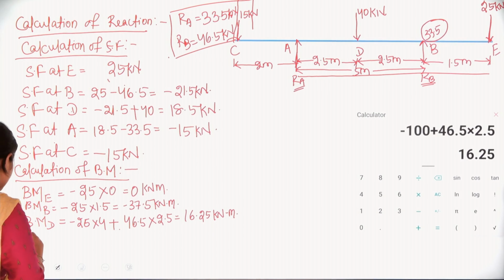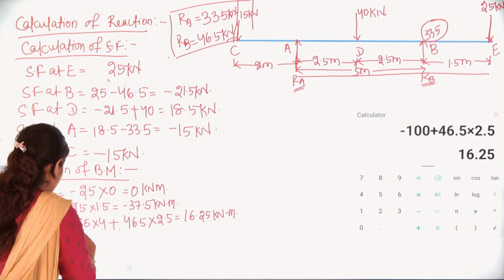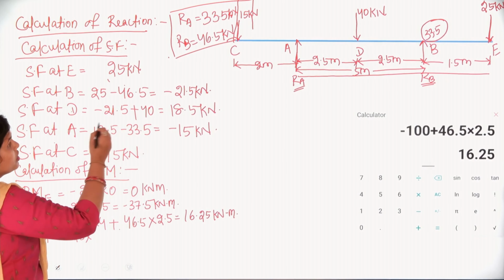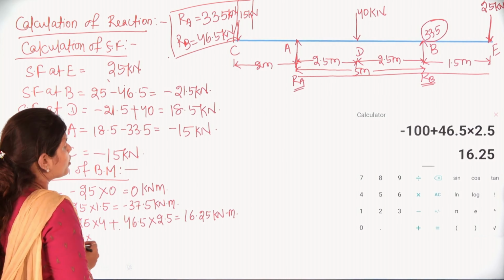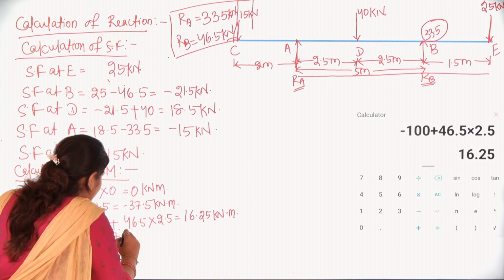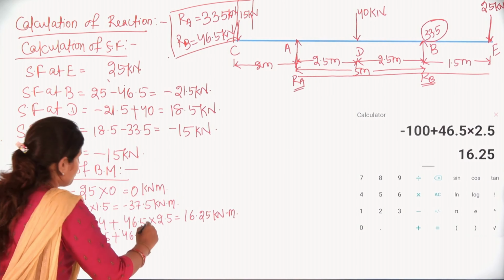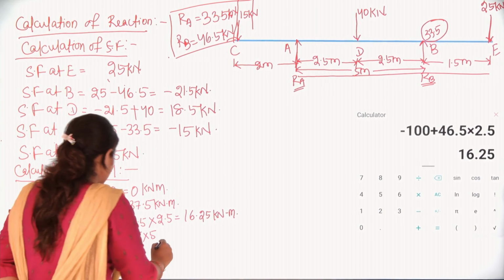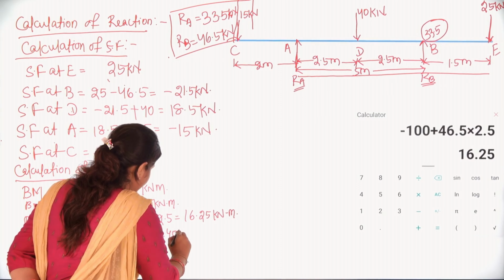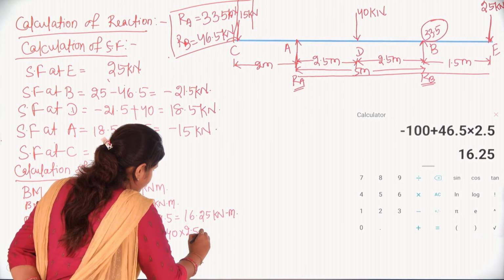Next, we will calculate bending moment at point A. The same process, minus 25 will be multiplied with the distance, that is 5 plus 1.5. Your 6.5 plus this 46.5 will be multiplied with 5 minus 40 into 2.5. Okay.